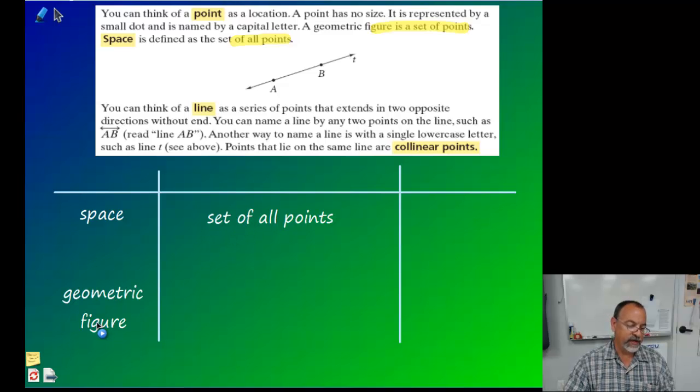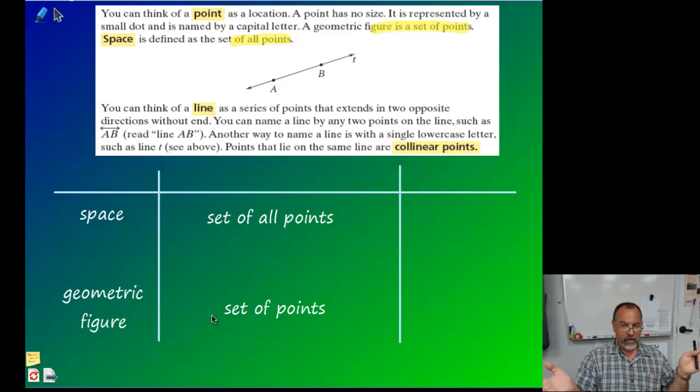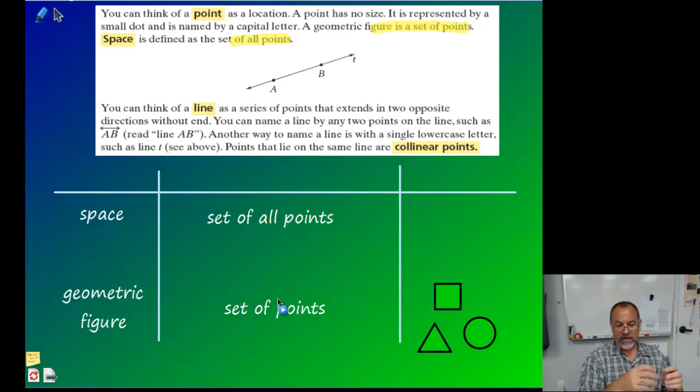Now, a geometric figure is just a set of points, meaning if space is all the points, what if I just want to talk about these points right here in this group? Okay, this set of points, so I'm only talking about this set of points, that's normally going to make some kind of figure. So all geometric figures are a set of points taken from all the points, which are called space.